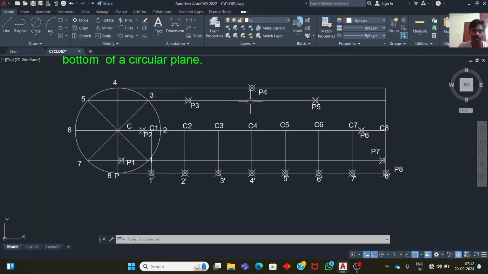For joining these points, we will use the spline command. Okay, with the help of the spline command, we will join these points. In the draw toolbar, we have a first option, that is spline fit.